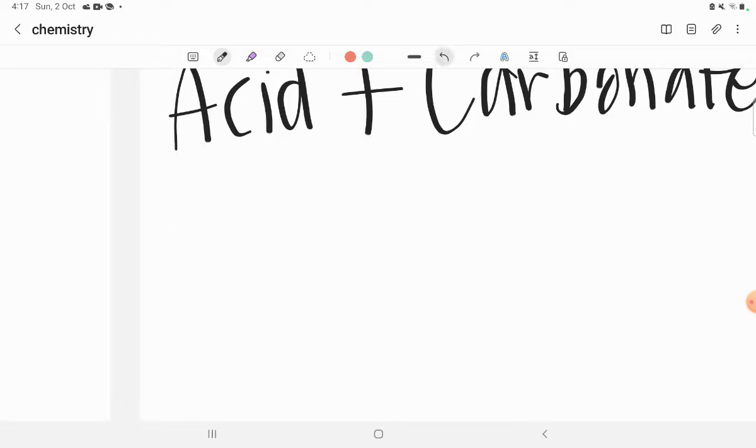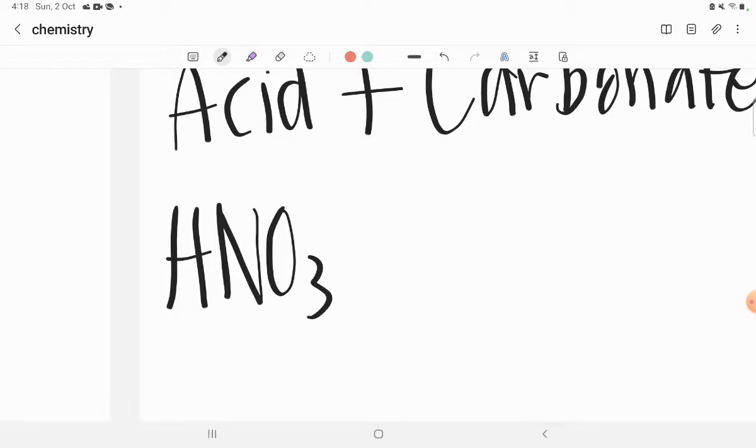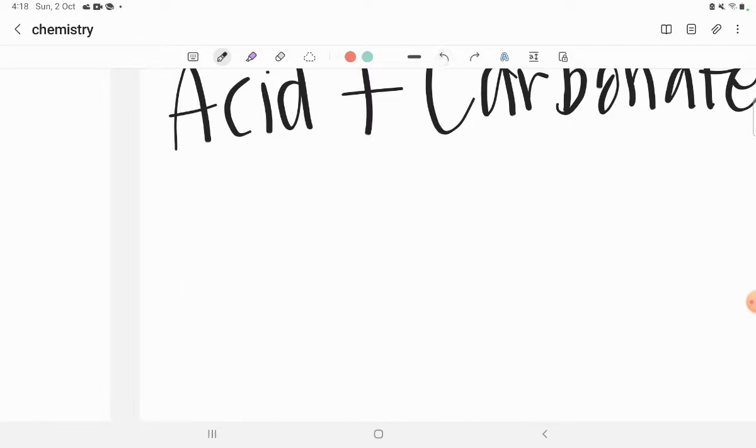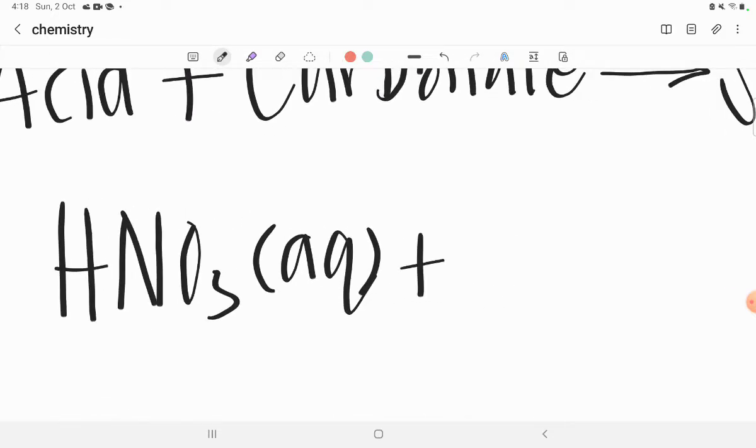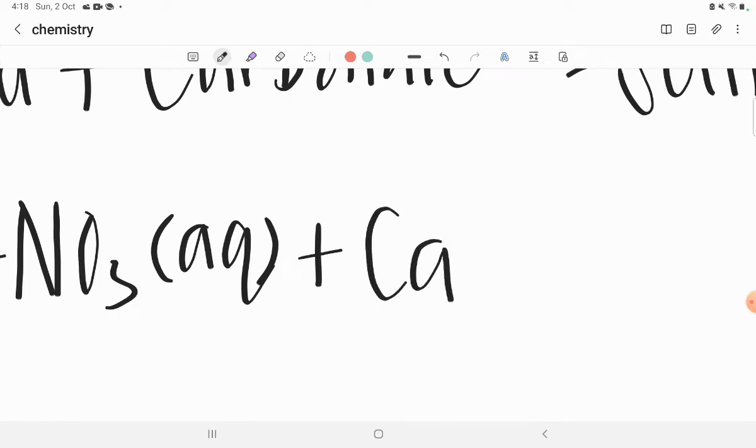Nitric acid is HNO3. We need to leave some space in case we need to balance things out. HNO3, and it's aqueous because it's dissolved in water. And then let's use calcium carbonate.